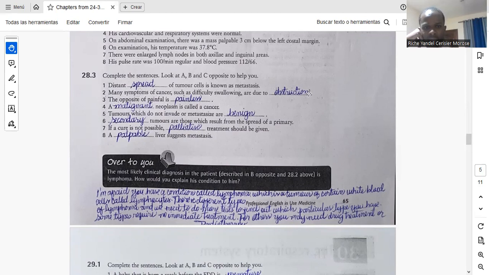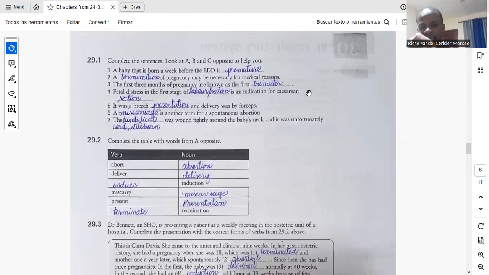A malignant neoplasm is called a cancer, a tumor which tends to metastasize. Benign tumors do not metastasize. Secondary tumors are those which result from the spread of a primary. If a cure is not possible, palliative treatment should be given. A palpable liver suggests metastasis.